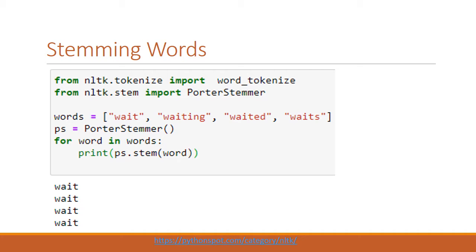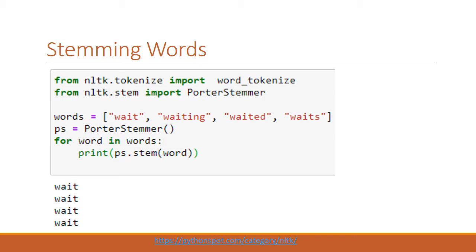The Natural Language Toolkit provides a module to help us deal with stemming. So we import the Porter stemmer from nltk.stem. In this example, I create a list of strings, wait, waiting, waited, waits, and I assign that list to the variable words. Then I assign the variable PS to Porter stemmer.